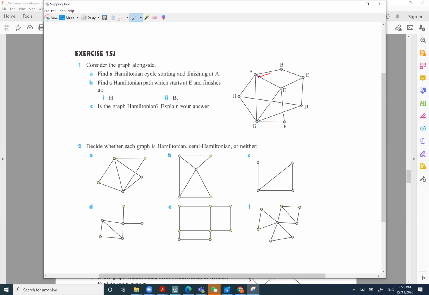From A. Okay, it's like A B C E F G D H A.